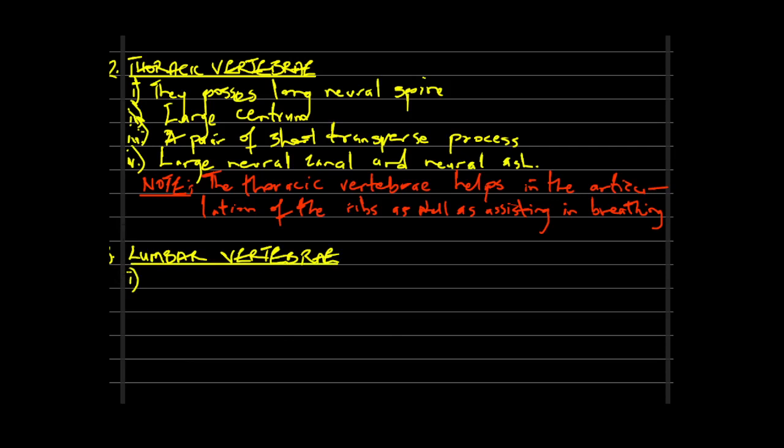It has a centrum which is very, very thick. And then 2, we have the neural spine to be very short. And 3, the transverse processes are long and broad.